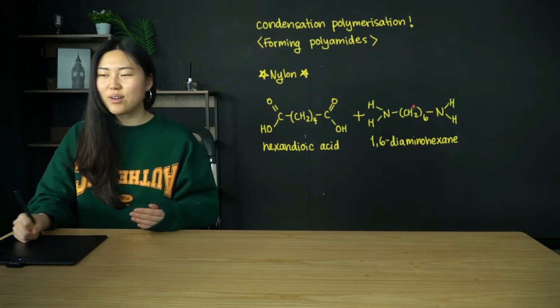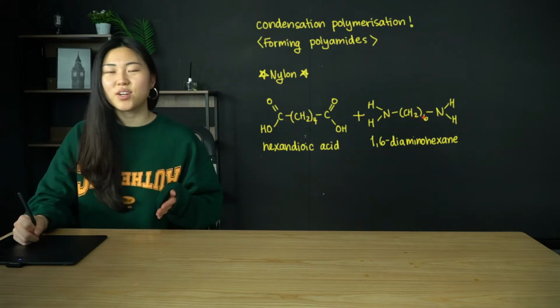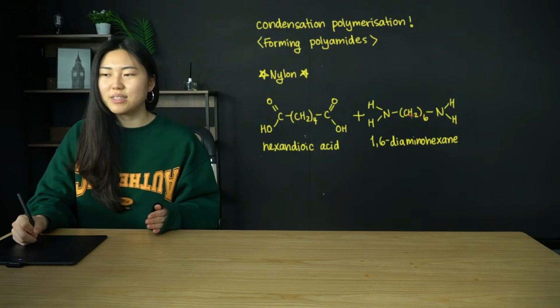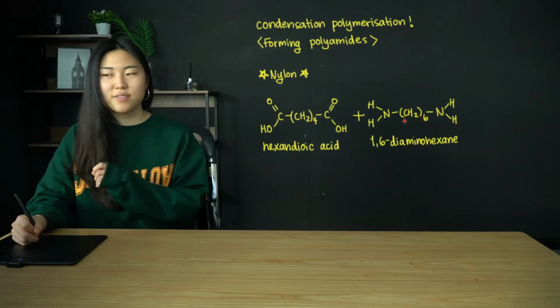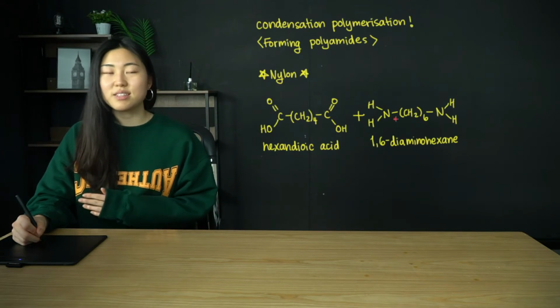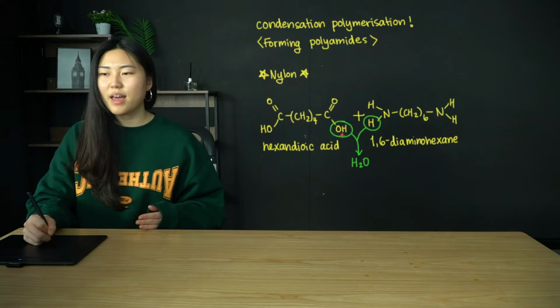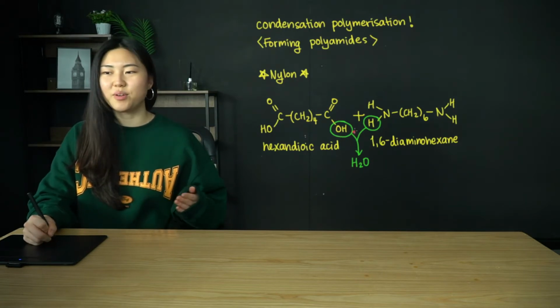We're also going to react it with 1,6-diaminohexane. This is basically the same structure. We have a straight chain of 6 carbons, and we have amine groups on each side instead of the carboxyl groups. Condensation reactions will occur.